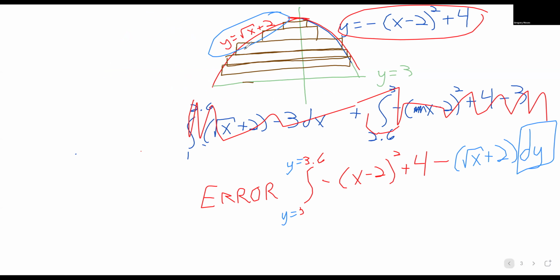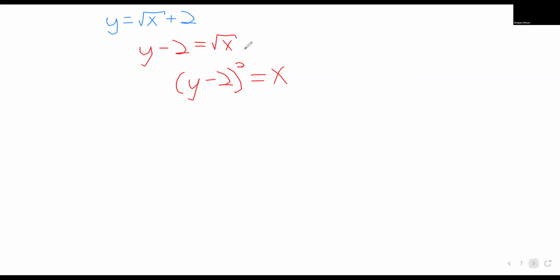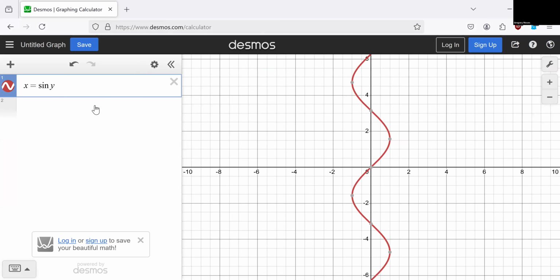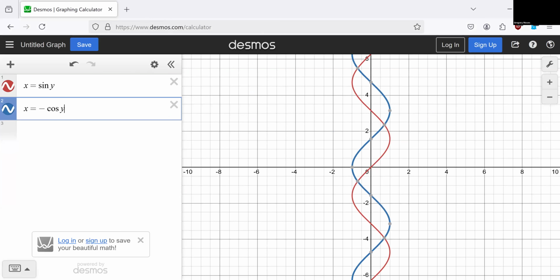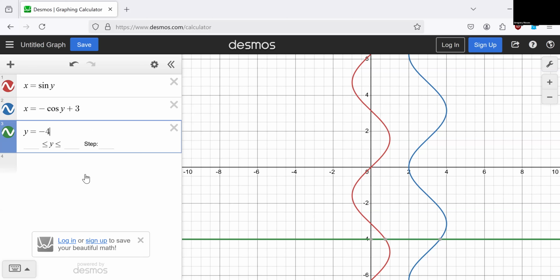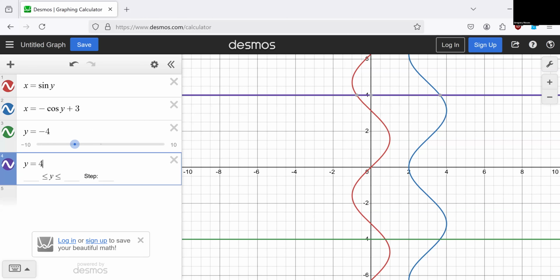But if your curves really look like that, maybe you have something like x equals the sine of y, and x equals negative the cosine of y plus 3, and you're going from y equals negative 4 to y equals positive 4.